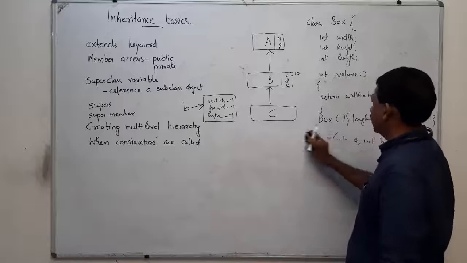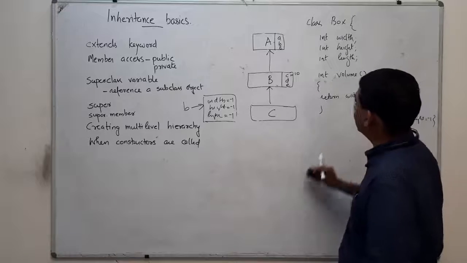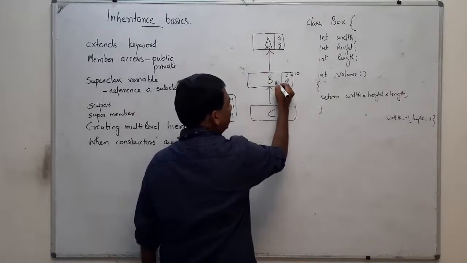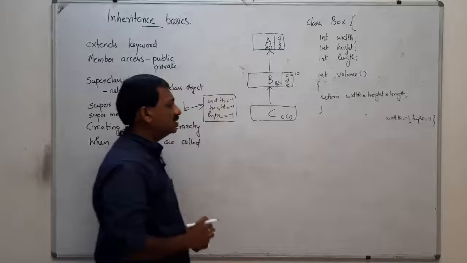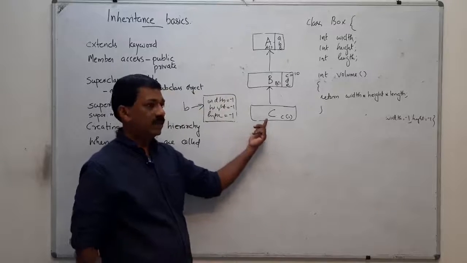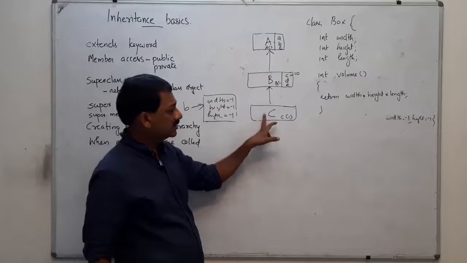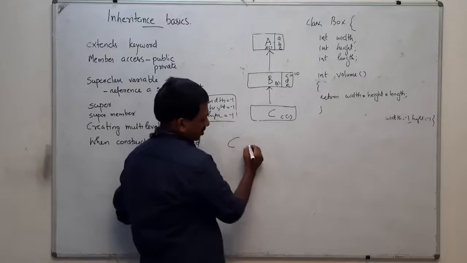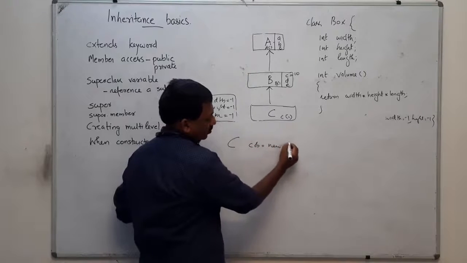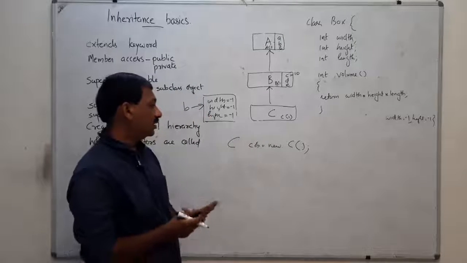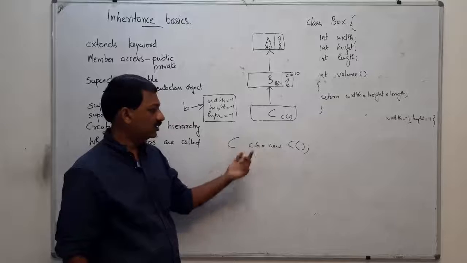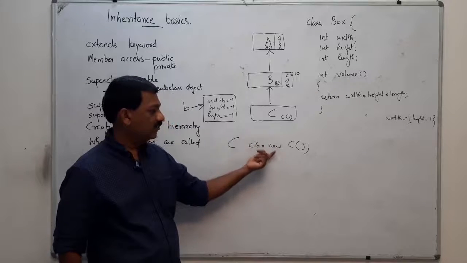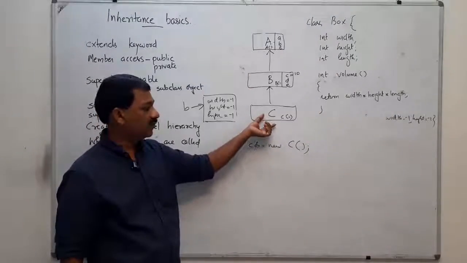C is the subclass of B, B is the subclass of A. And now suppose that A is having A as the constructor, B is having B as the constructor, and C is having C. Suppose that now we have created an object of type C, C object equal to new C. Now C object is an object, and when this object is instantiated, definitely the constructor for C is executed.